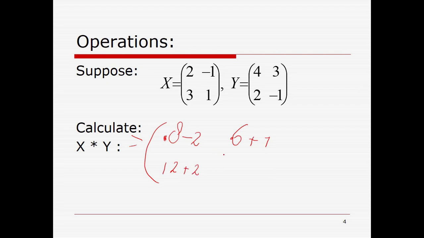And for this position, we have 3 times 3, that would be 9, plus 1 times minus 1, which would give us minus 1, so 8. So the total result would be 6, 5, 14, and 8.